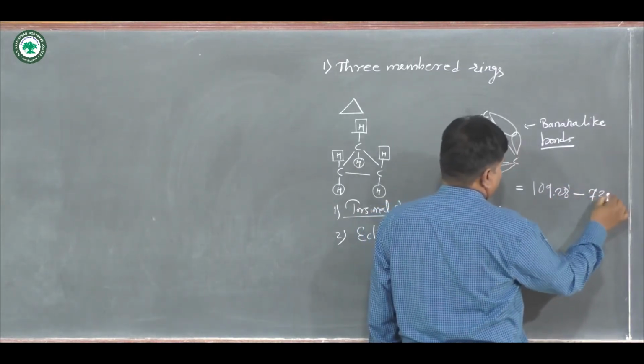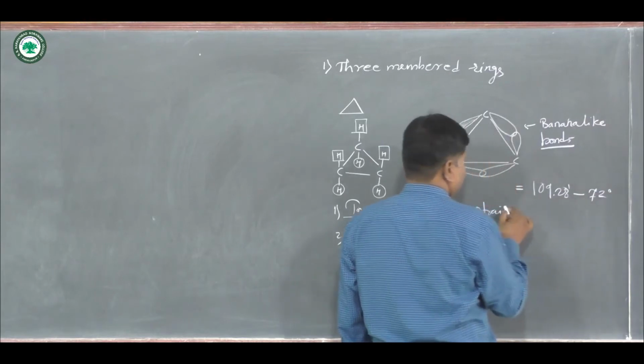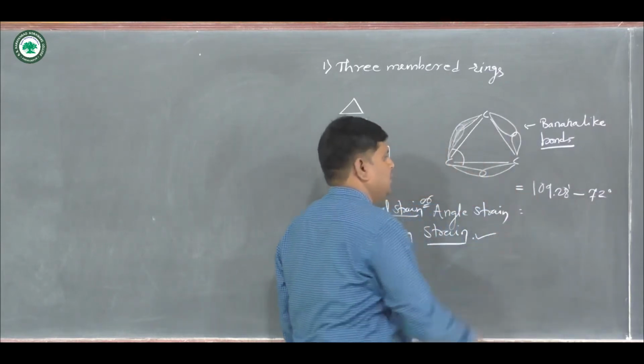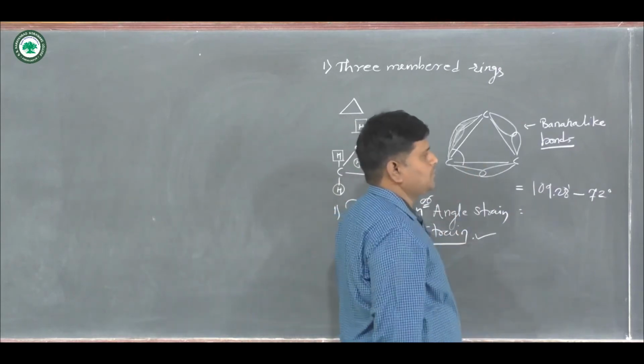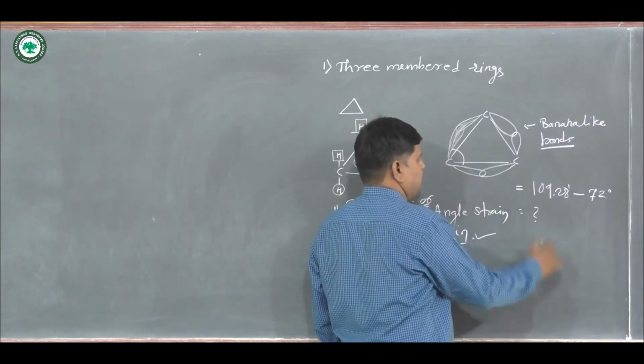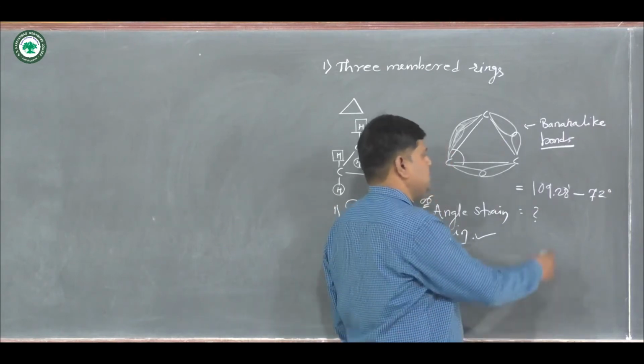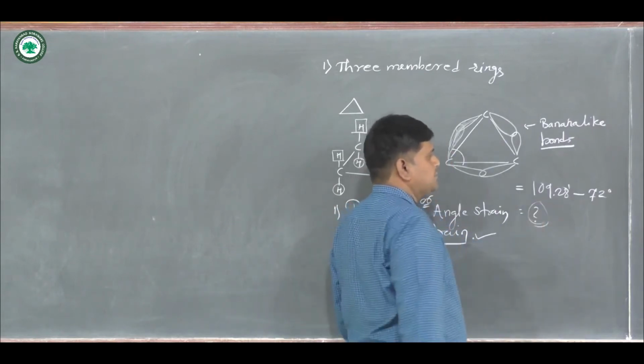Suppose its angle is 72 degrees. At that time we do such calculations, and we get some value. That value you call the angle strain.